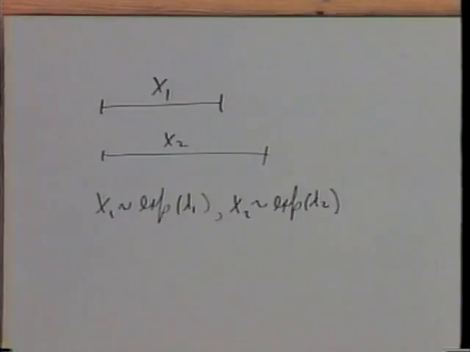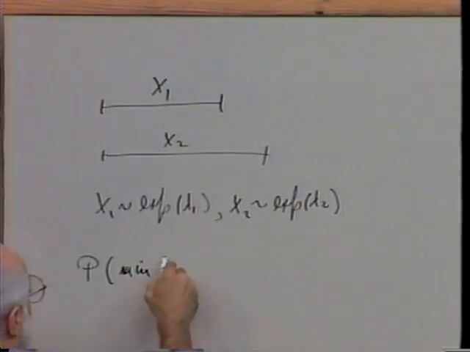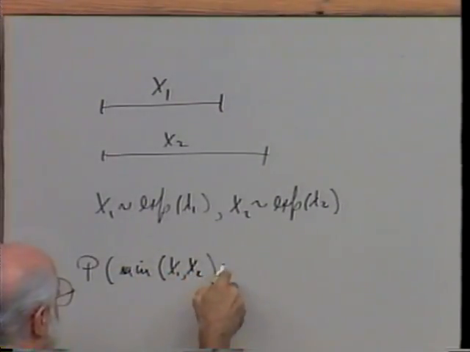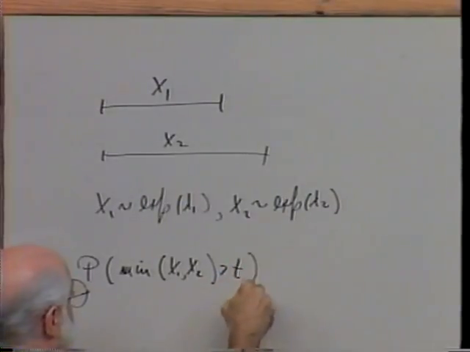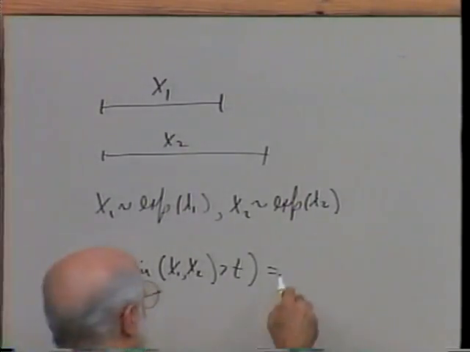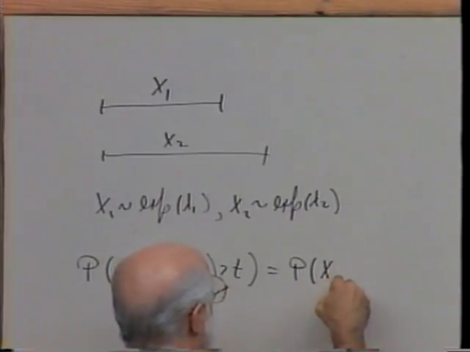Suppose I wanted to find the distribution of the min. In other words, what's the probability that the min of x1 and x2 is greater than t? The only way that the min can be greater than t is if they are both greater than t.